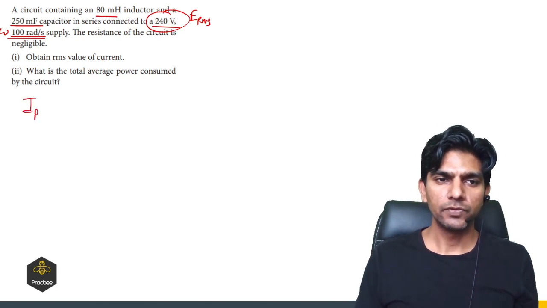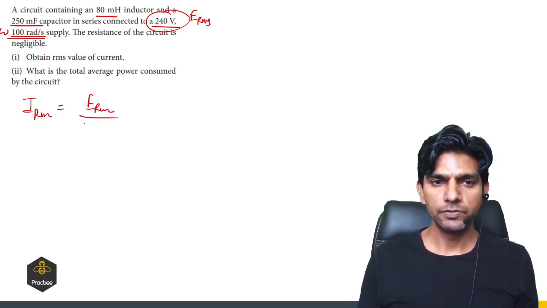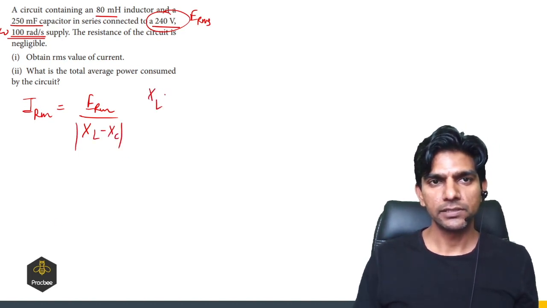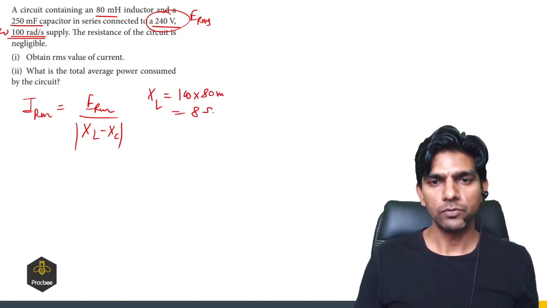So the RMS value will be E RMS upon impedance, which, in this case, let us find X. It will be XL minus XC, take the modulus of that. So what is XL? That will be omega L. L is 80 milli, so this will be 8 ohms.